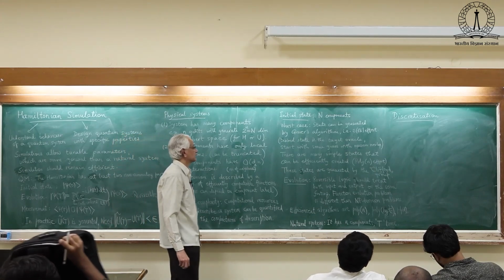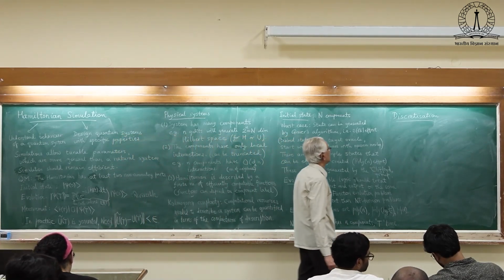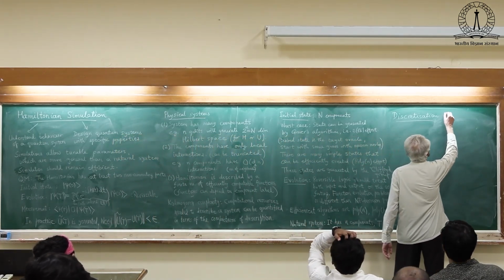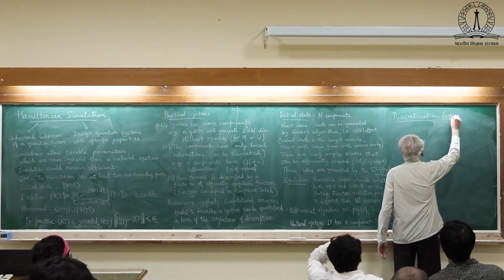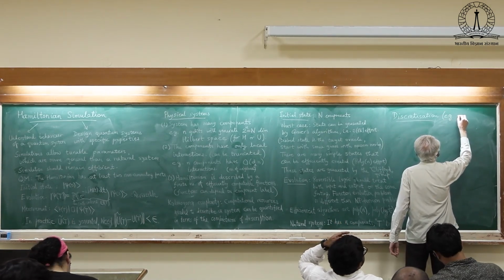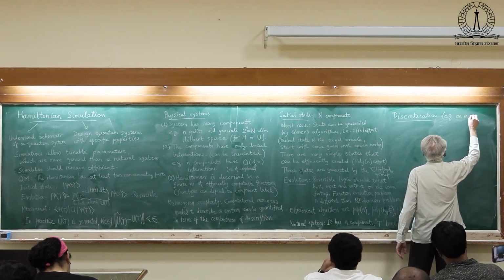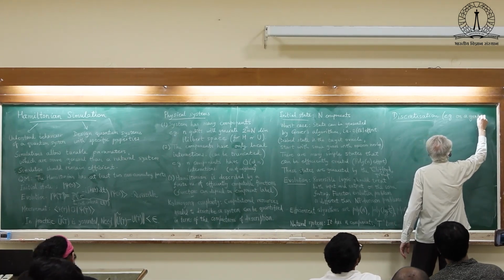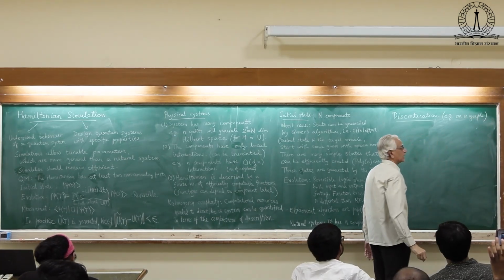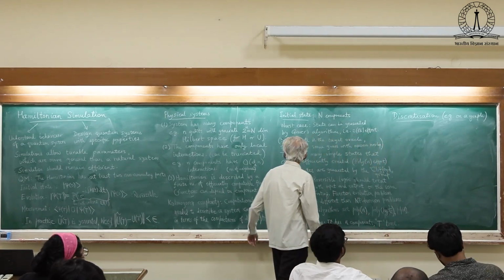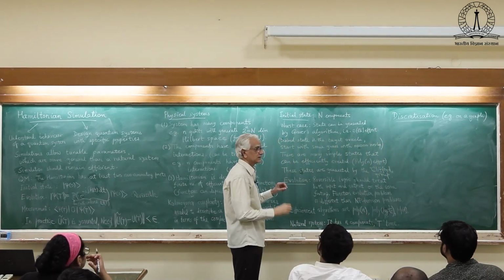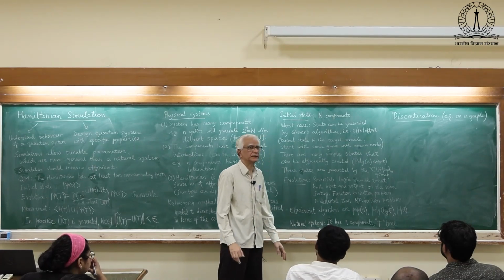So the discretization can be done using a graph where the components will become vertices and interactions will become edges.